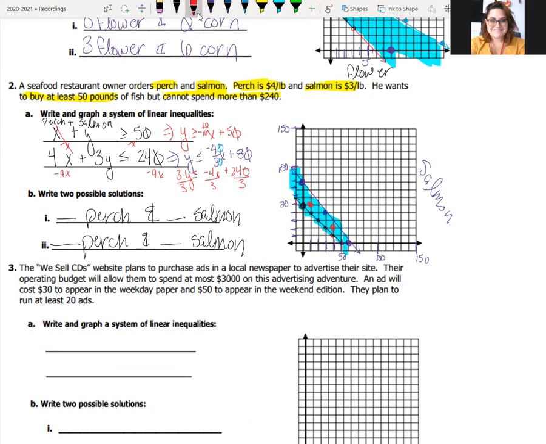It's where they cross and they're both inside. So down here was perch, right? Yep. And that's saying we bought 10 perch and 50 salmon. And now we're saying we bought 40 perch and 20 salmon. And both of those numbers will satisfy our restrictions.